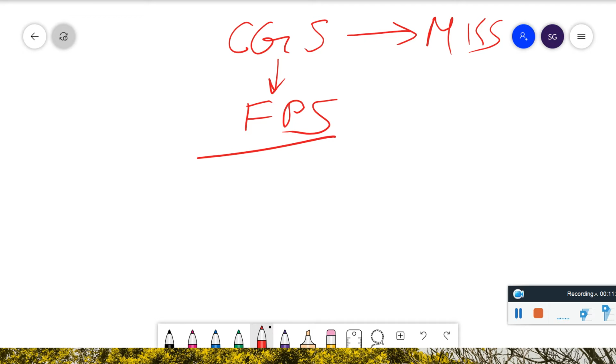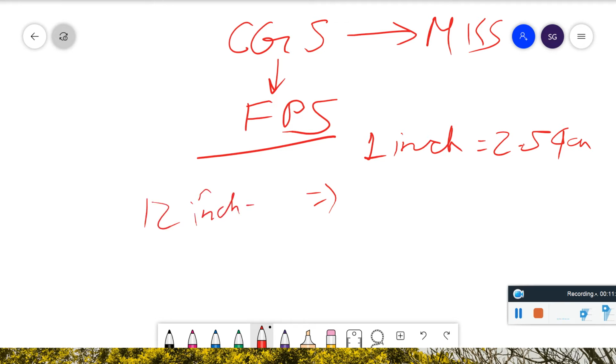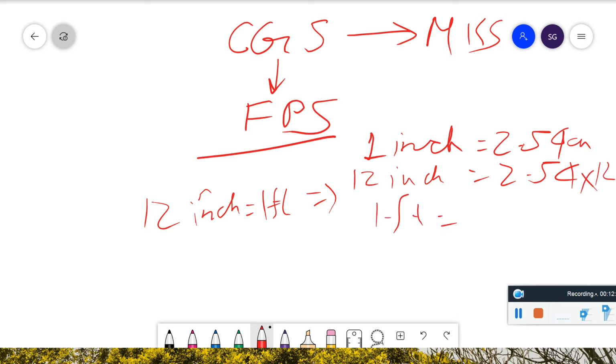I know the first relation, which is very common: 1 inch is 2.54 centimeter. Okay, and this centimeter I convert into feet, and 12 inch is equal to 1 foot, isn't it? So I just want to convert it. So 12 inch is equal to 2.54 into 12, and this 1 foot is equal to 30.48 centimeter.